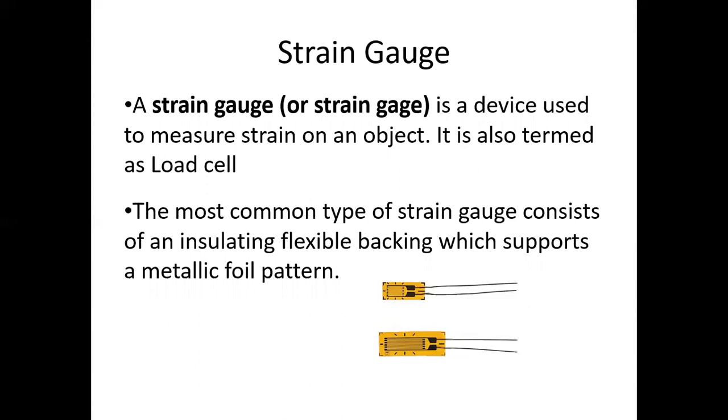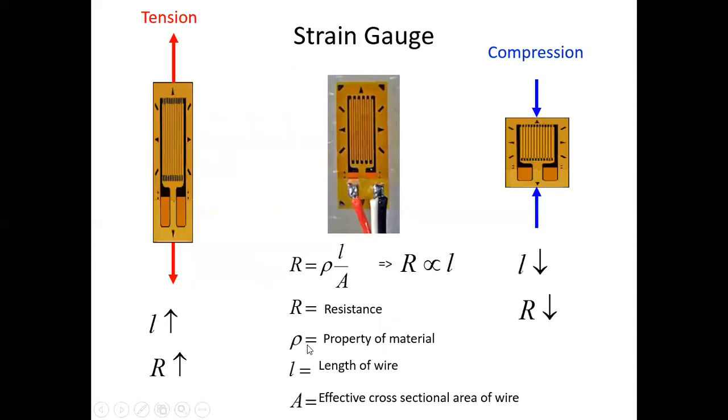This is the type of strain gauge having insulating flexible backing for supporting the metallic foil pattern. This is your strain gauge. This is a metallic strain gauge.